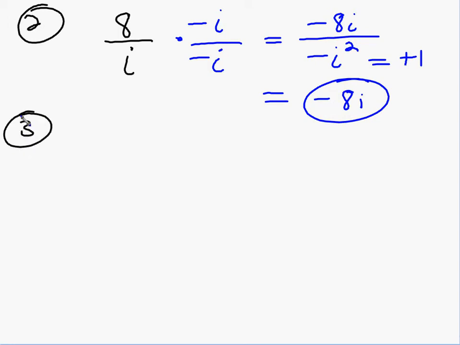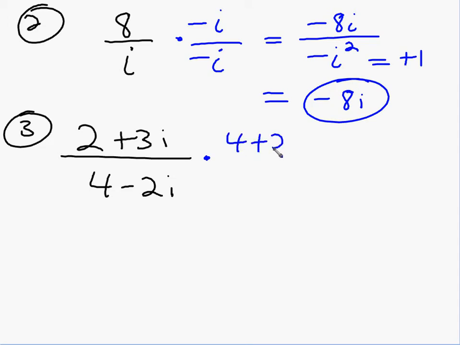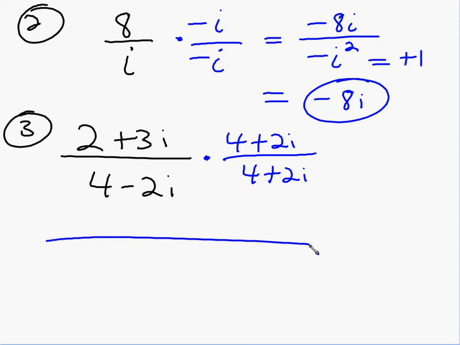Moving right along. How about this one? 2 plus 3i over 4 minus 2i. Well, this one looks pretty normal, but we have to pay attention to what's going on in the numerator. So I'm going to multiply by the conjugate, 4 plus 2i over 4 plus 2i. I'm going to run out of room going off to the right, so I'm going to come down here. The denominator is going to be easy.